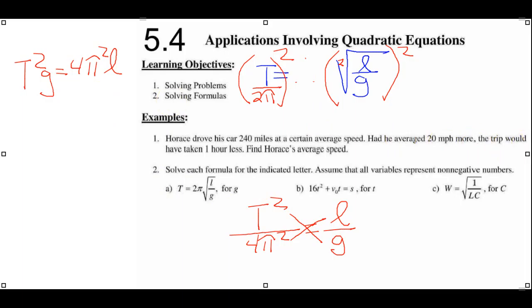Now we want to solve for G. We just divide out the t squared. And these cancel out. And there's our answer. G equals this.